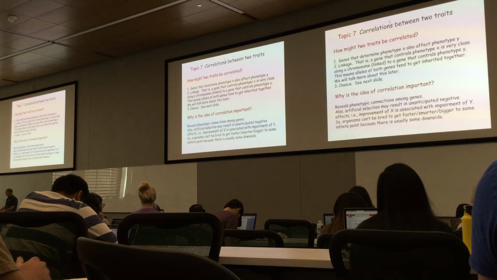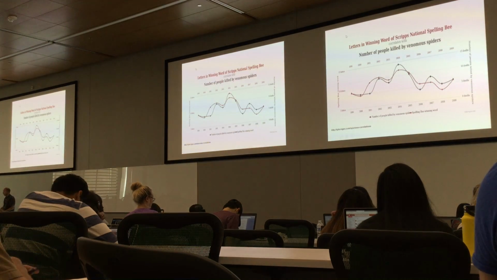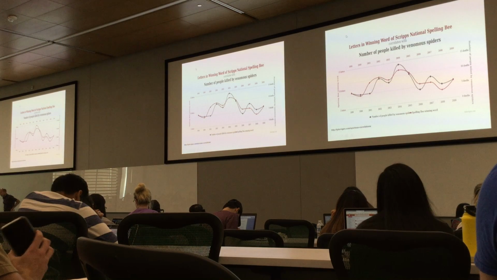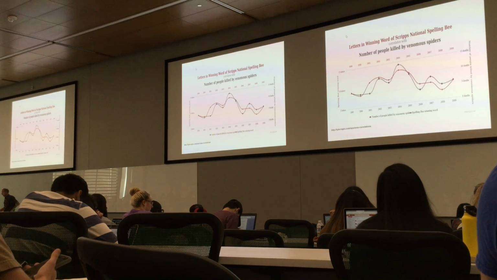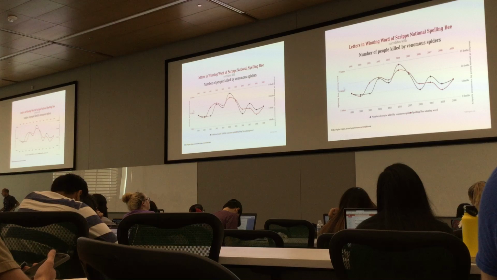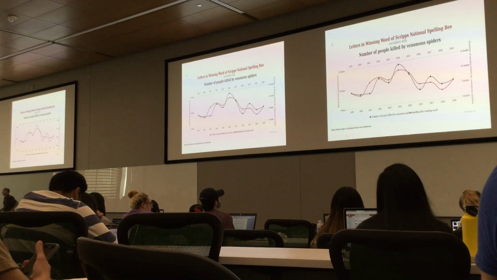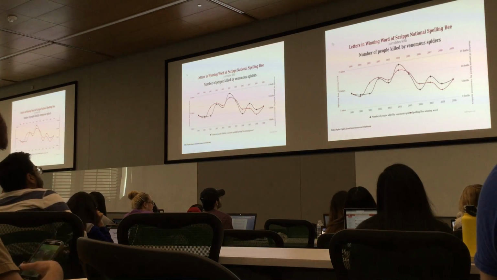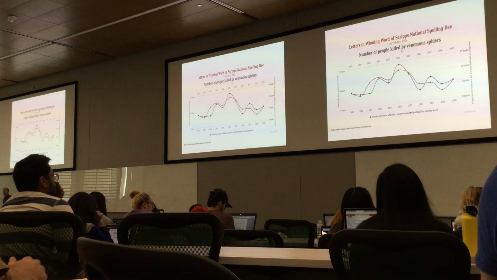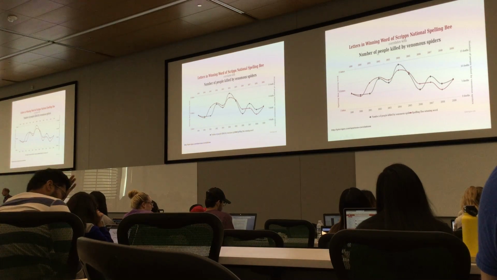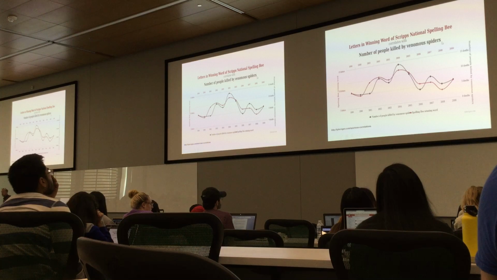And I've got an example from a guy who links these types of things together to try to illustrate correlation and causation. So here we have a graph showing you that over a number of years, the letters in the winning word of the Scripps National Spelling Bee has correlated pretty well with the number of people killed by venomous spiders.